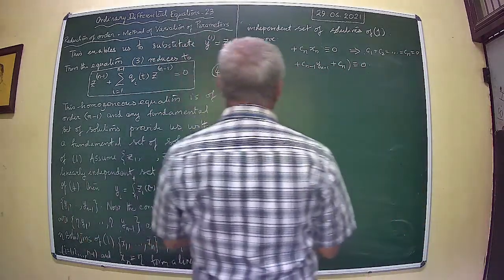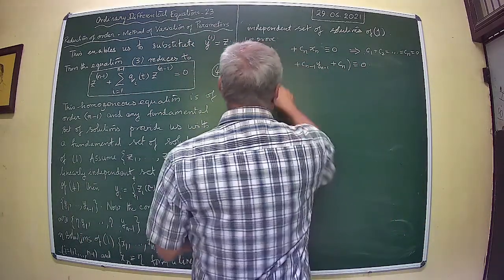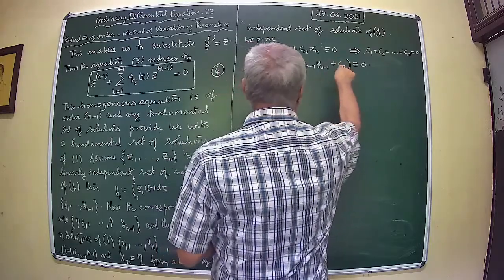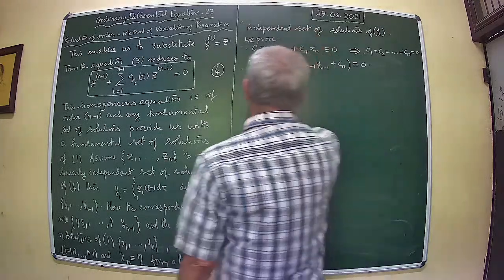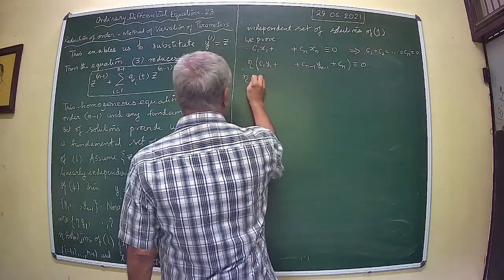That means we have to show that y1, y2, yn minus 1 is linearly independent, since eta is not equal to 0.